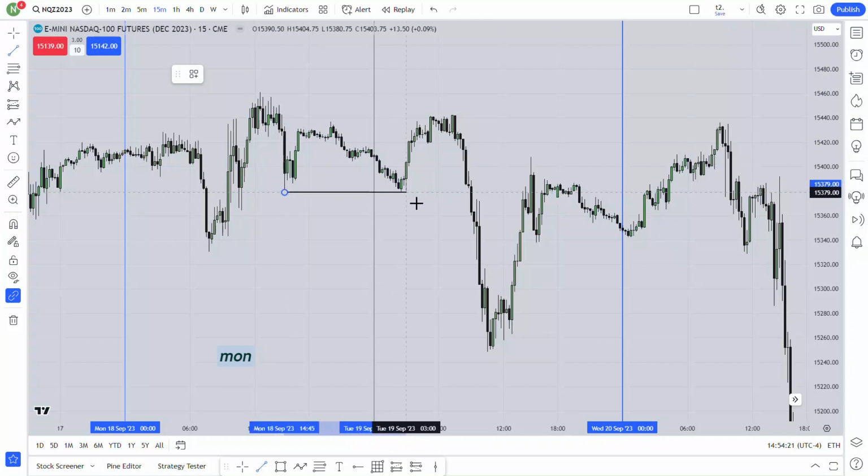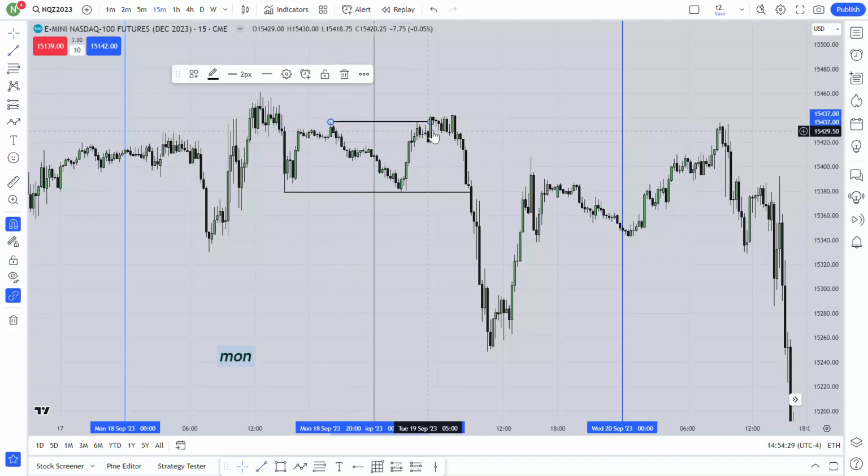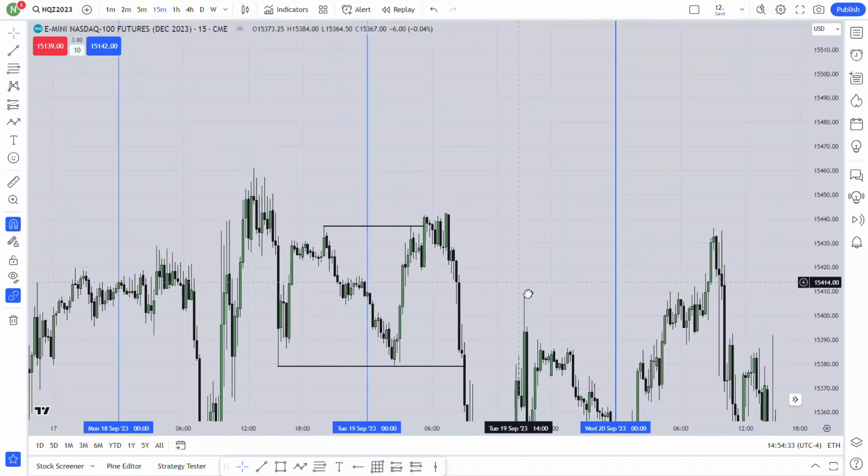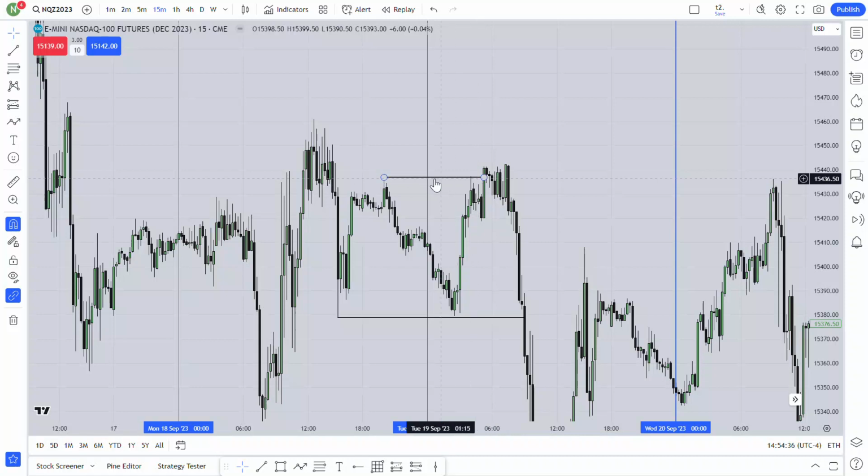If you see, these are clean lows, okay, and these are your clean highs. You see this high and this high, they're very clean. This high and this high very clean, this low and this low, they're very clean. So both of them are liquidity.